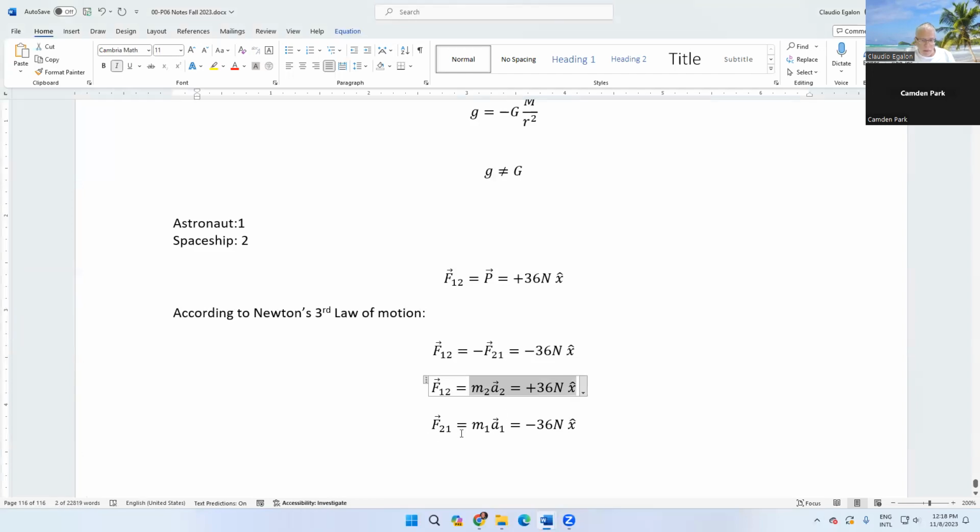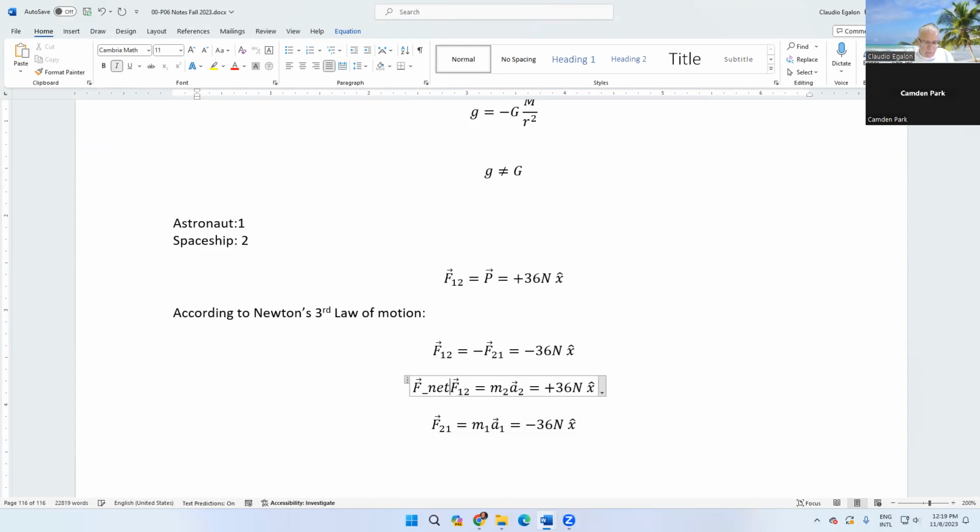So how do you determine the negative or the plus? It depends on that here. Let me write it in another way. First let's put the vector.